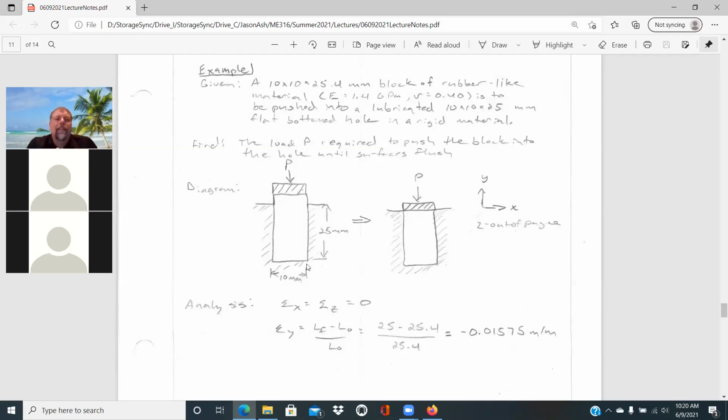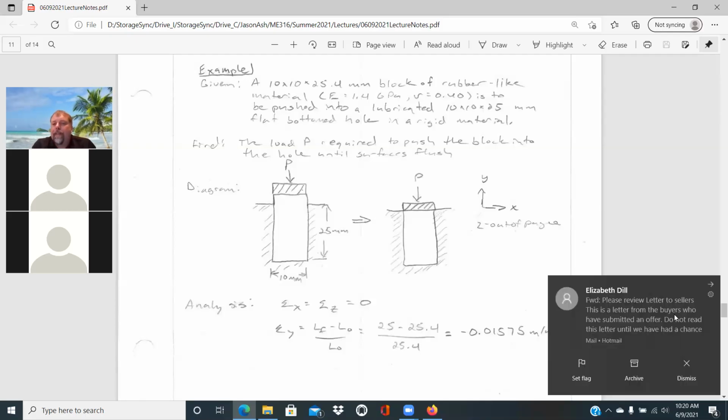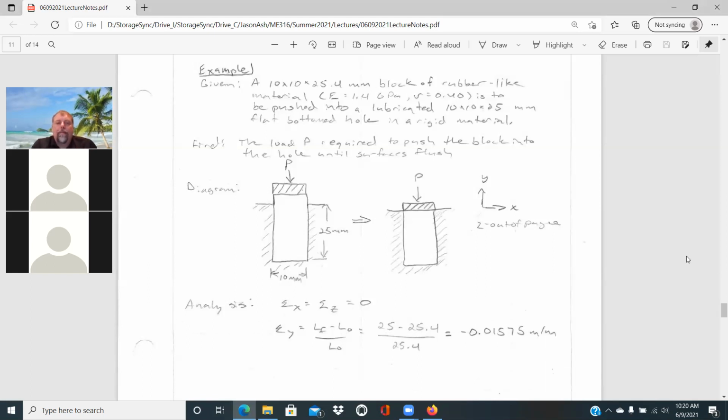And so in this scenario, the strain in the X is going to be 0 since it's not allowed to expand outward. It's constrained in this location. And same thing with the Z direction out of the page if it's also 10 millimeters wide in this hole. And then we then have both of those strains equal to 0.